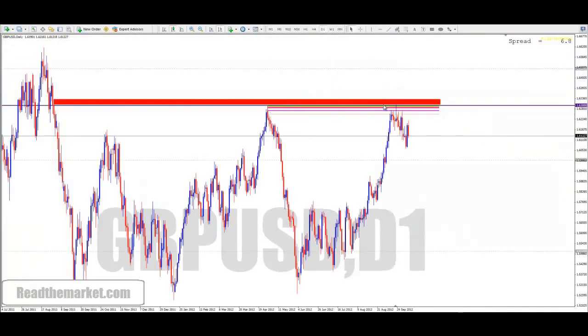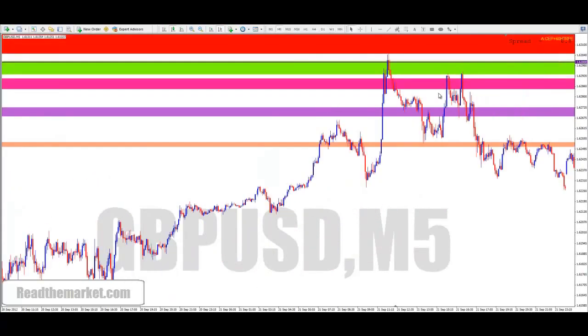Where price wanted to get to on this was not necessarily into supply here, because the supply was just an RS flip. It wanted to get to true supply just above. If you're short on any of these supplies, you've got to see that up here there is the chance of a fake out, and it's going to go to true supply and come back down again.